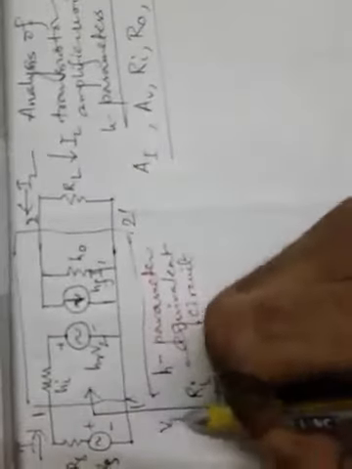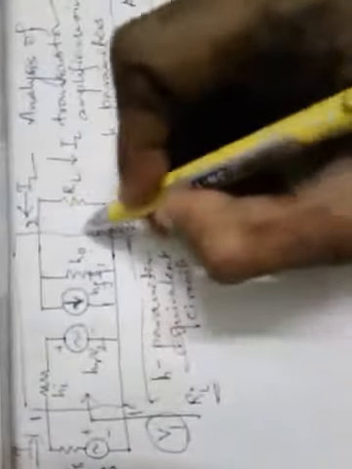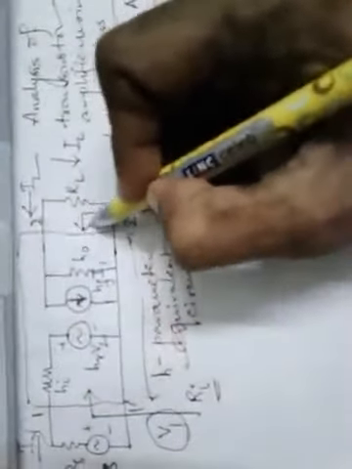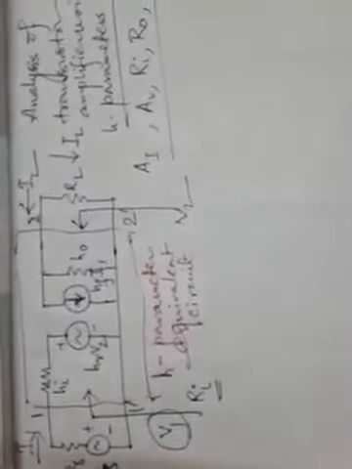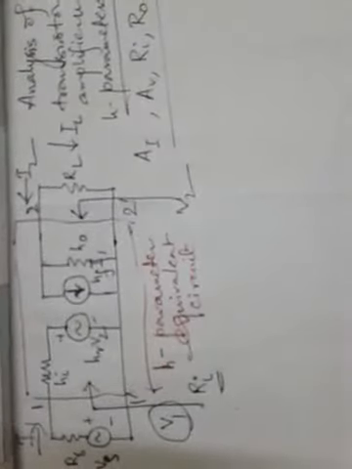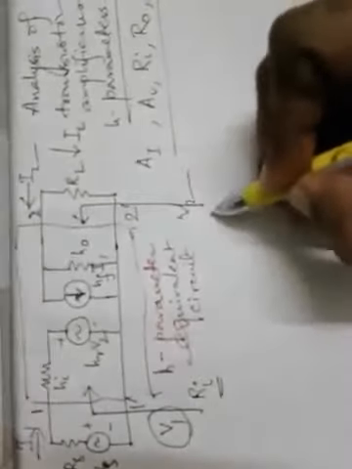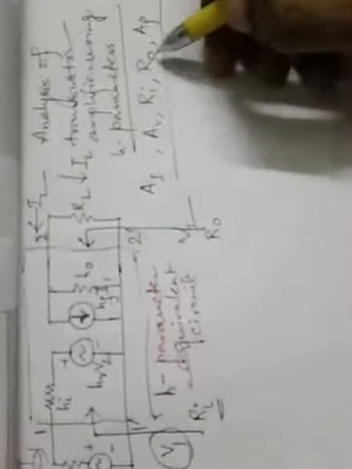The input voltage measured between 1 1 dash is V1, and between 2 2 dash the output voltage is V2. That is the output voltage for port 2, and the output resistance from here should be measured as RO, that will also be derived here.